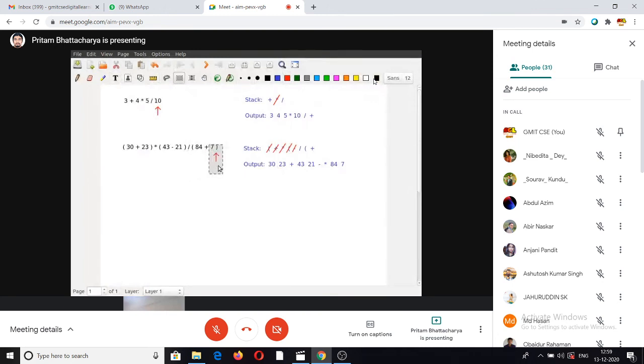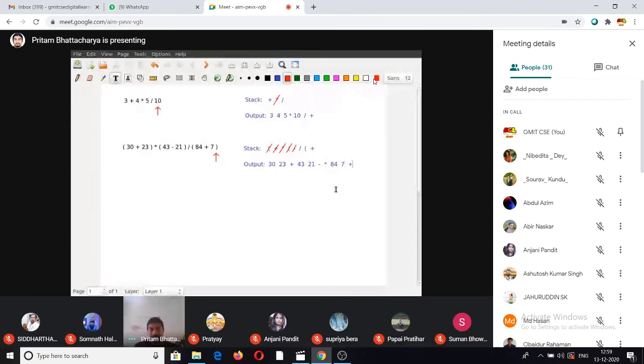You have to basically pop all the operators up to when you encounter the opening parenthesis. So in this case, there is only plus to pop. And then this opening parenthesis I also pop, but I don't send it to output, I just discard it.